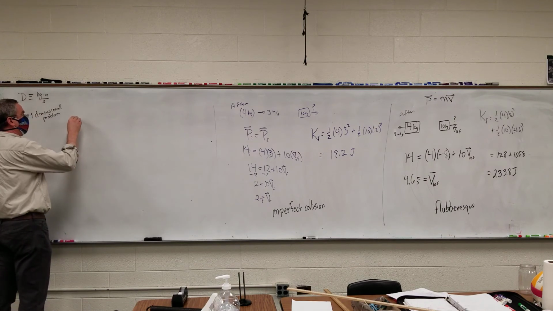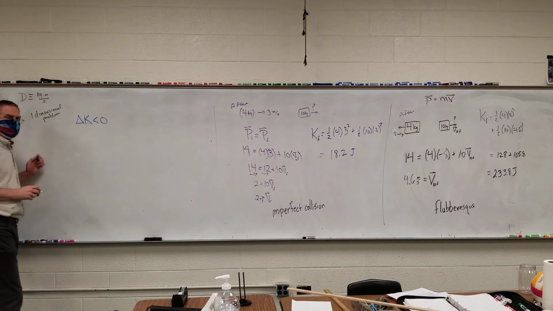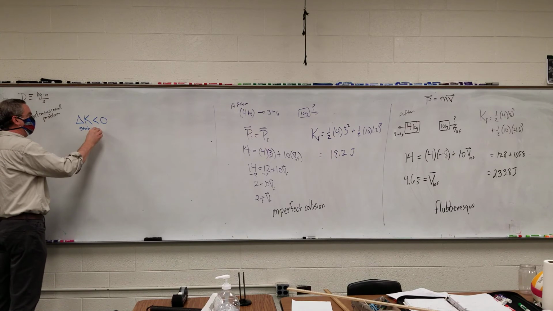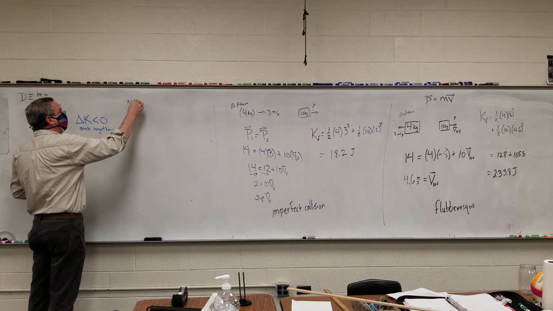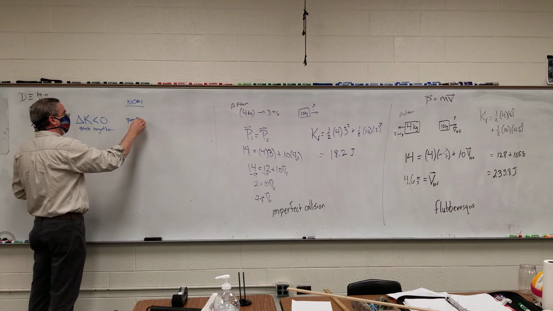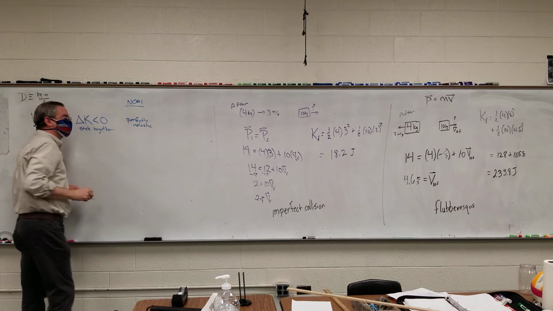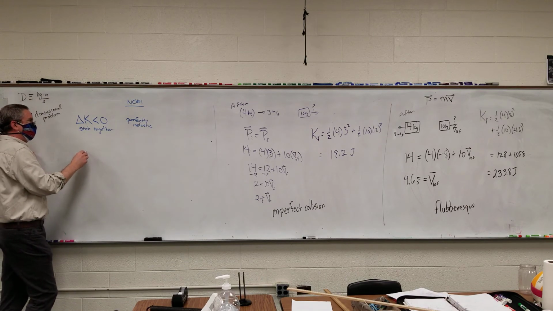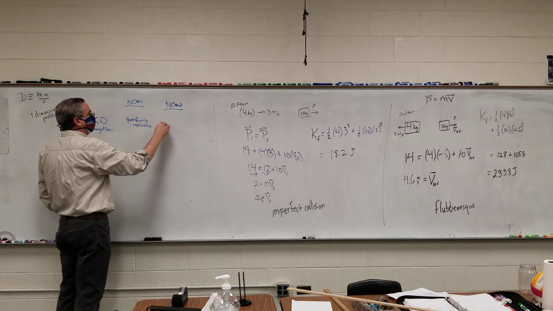So if the kinetic energy is lost, so if there's a change in kinetic energy and it is less than 0, so we're losing kinetic energy and they stick together. Naming convention number 1 calls this perfectly inelastic. Naming convention number 2 calls this inelastic.